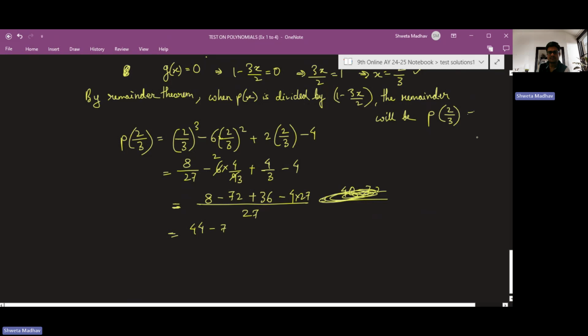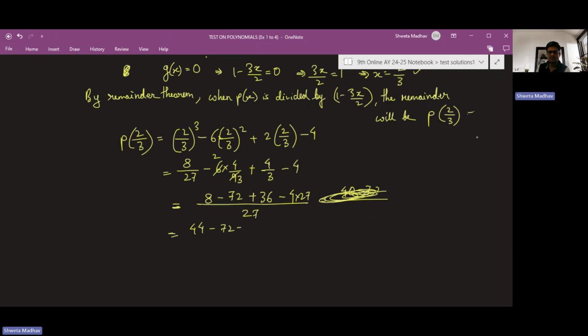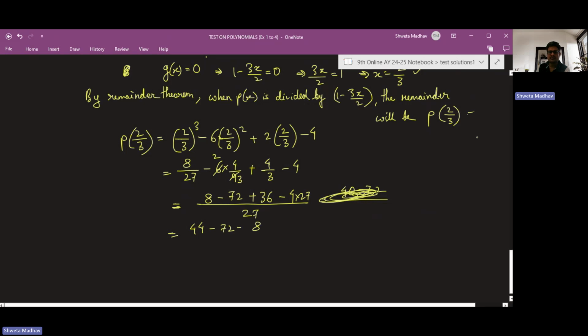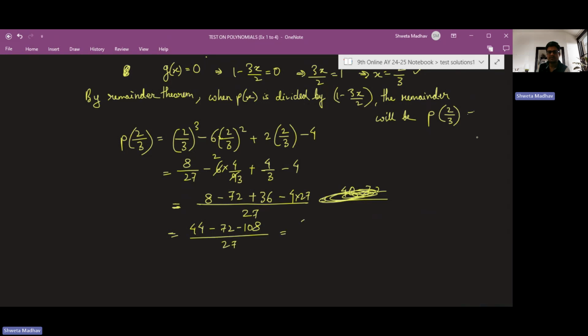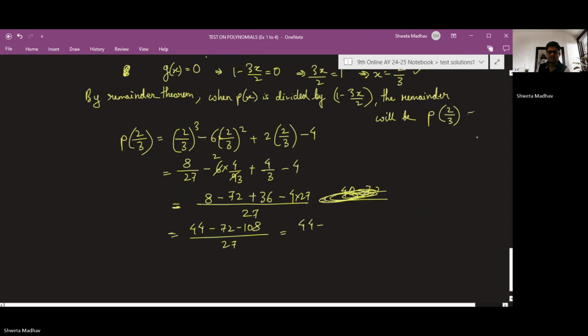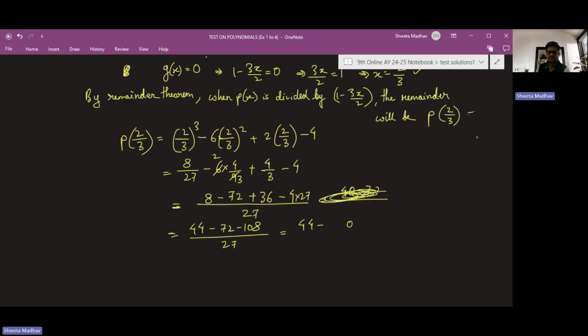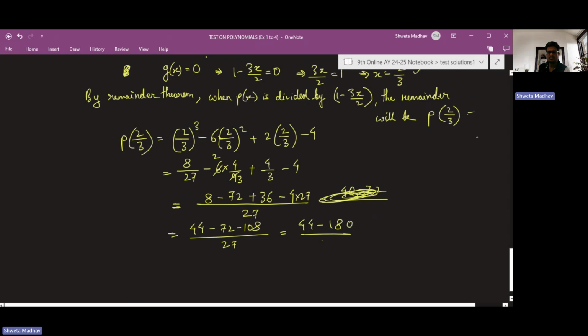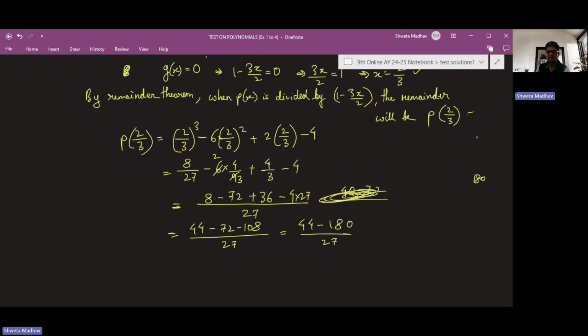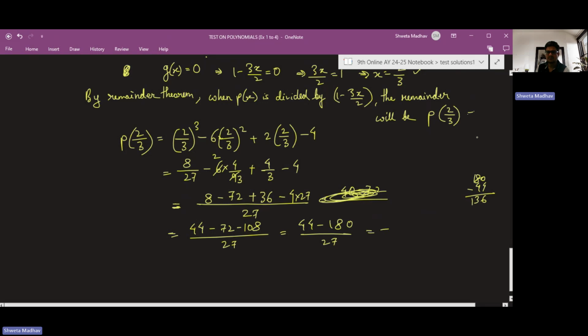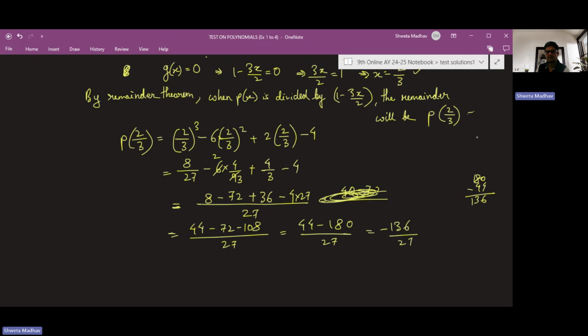Then 44 minus 72 minus 4 into 27, that is 108, divided by 27. So this will be 44 minus 180, divided by 27. So 180 minus 44 is 136, so this is minus 136 by 27.